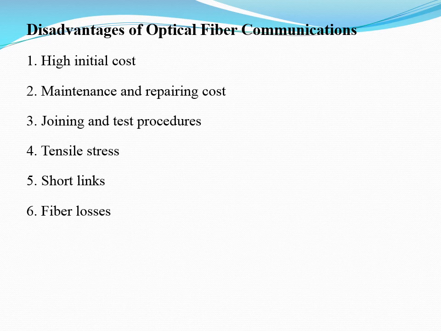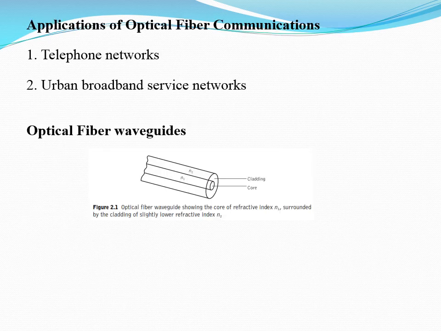Fiber losses include so many types of losses like bending losses, dispersion, scattering, core losses, cladding losses, connector losses, and splicer losses in optical fibers, totally constituting the total loss in optical fiber. So it is a major drawback of the optical fiber, but it is better in comparison with the conventional cables.